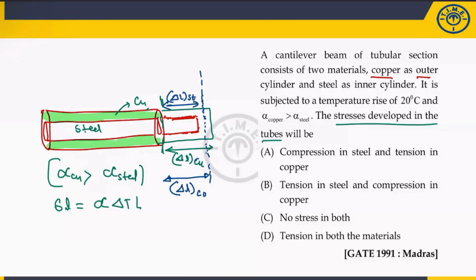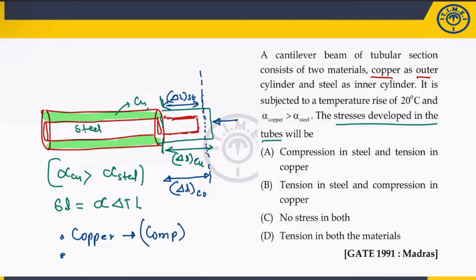Which will be in compression? The one whose alpha value is more. Because alpha of copper is more, the copper will expand more, but because of the common deformation, you have to apply the compressive stress. So the reaction force will act here, which will be compressive.